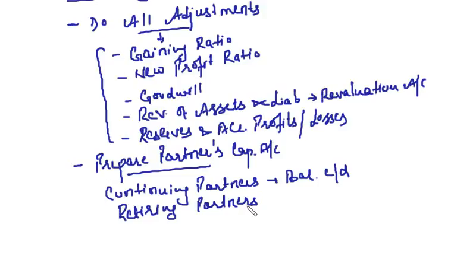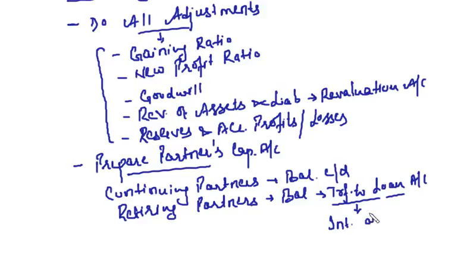What about the retiring partner? I told you in the last lecture that the retiring partner's balance in the capital account will be transferred to the retiring partner's loan account, and unless otherwise agreed, it will carry an interest of 6%.